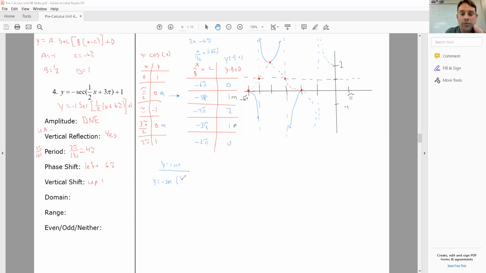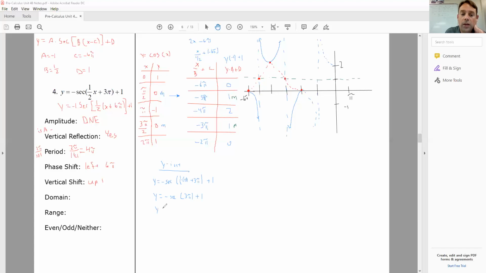So 1/2 times 0 plus 3 pi, plus 1. So y equals a negative secant of 3 pi plus 1. So secant of 3 pi, that is going to be negative 1.